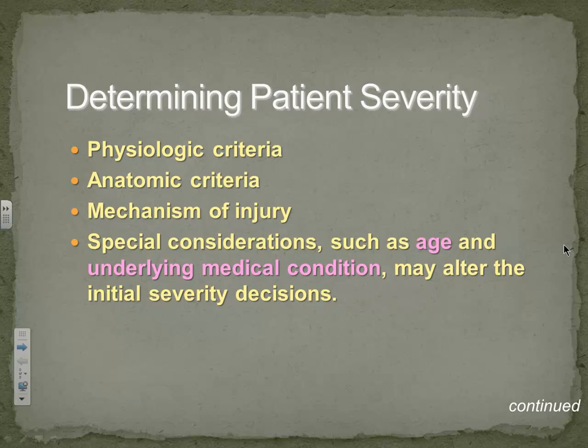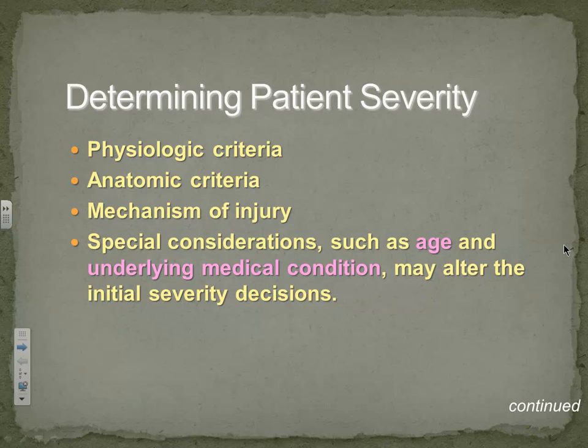Because y'all read your books, right? Yeah, problems with their anatomy. If they've got angulated fractures, that sort of thing. What about physiological? That could be some other things going on. It could be altered mental status. It could be a brain injury. Mechanism of injury, we know what that is, right?